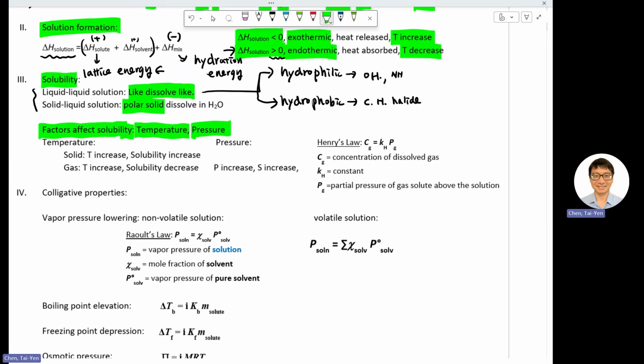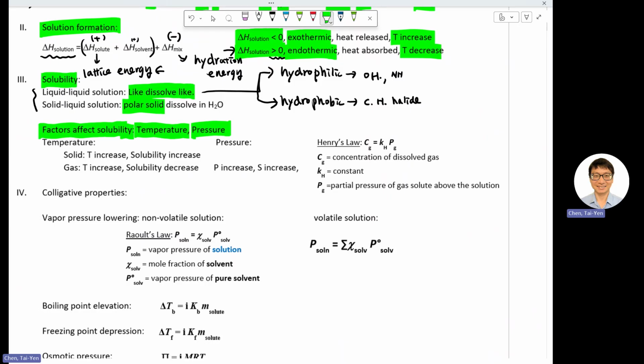Think about heating up your water, you can dissolve more sugar. But it's the opposite if your solute is a gas. Think about heating up your Coke. All the CO2 goes into the atmosphere, and you don't have CO2 inside your Coke anymore.